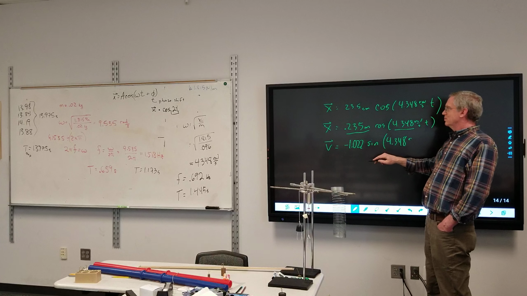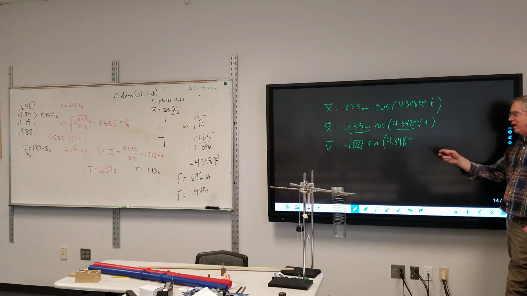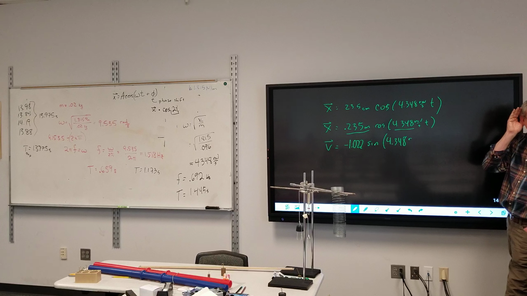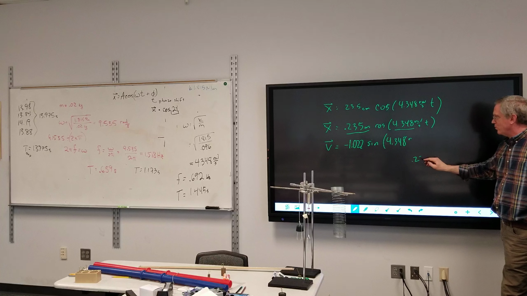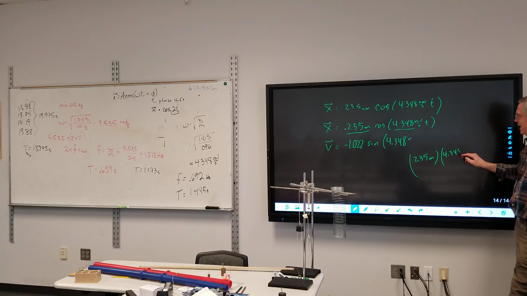No, amplitude times the angular frequency. We did 0.235 meters times 4.348 radians per second.